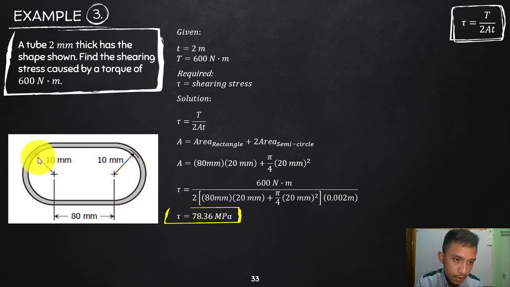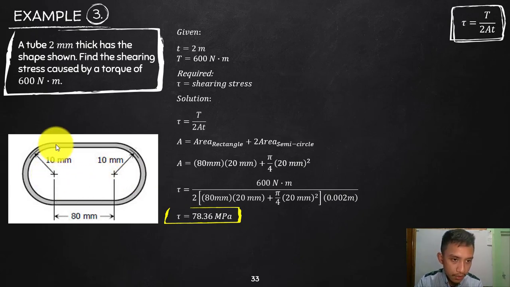If I join two semicircles of the same dimension, they will make a whole circle of radius 10. And what will remain here in the middle is a rectangle. If that is 10, then the distance up to that point is 10, and this to that point is 10. These are center line dimensions, so no worry about the center line.